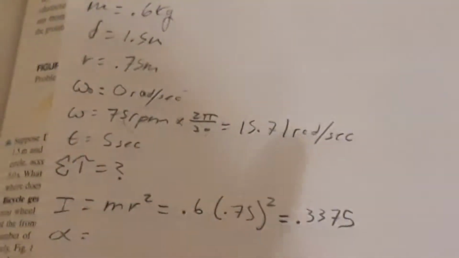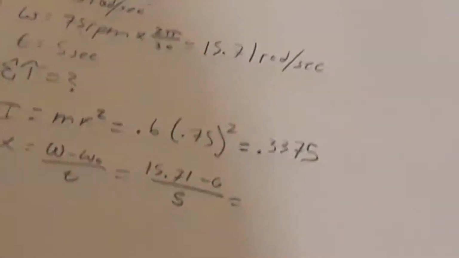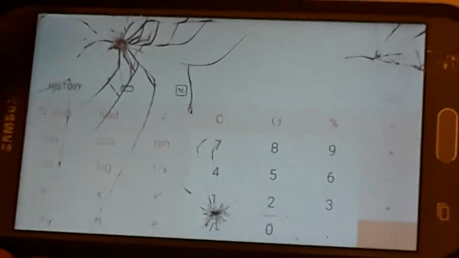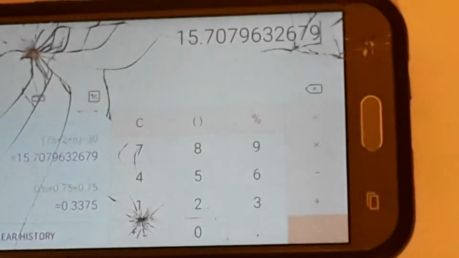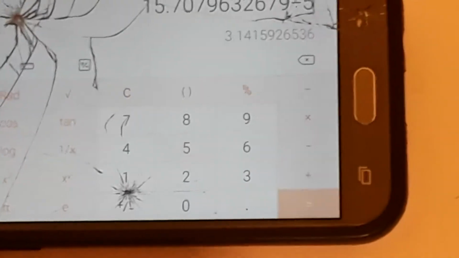Now I can find my angular acceleration, which is the same thing as regular linear acceleration, but we're just going to use rotational symbols, which is going to be our final minus initial over time. My final is, I already know, 15.71 minus 0 over my time, which is 5. I'm going to go to history, and it's going to be that minus 0, and I'm going to divide it by 5, which is my time.